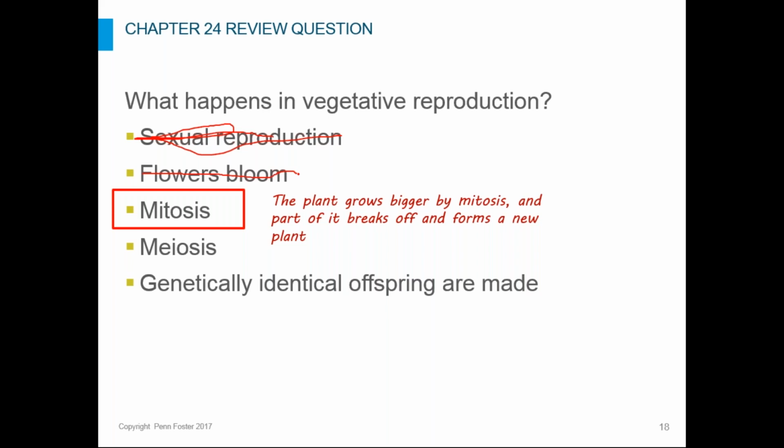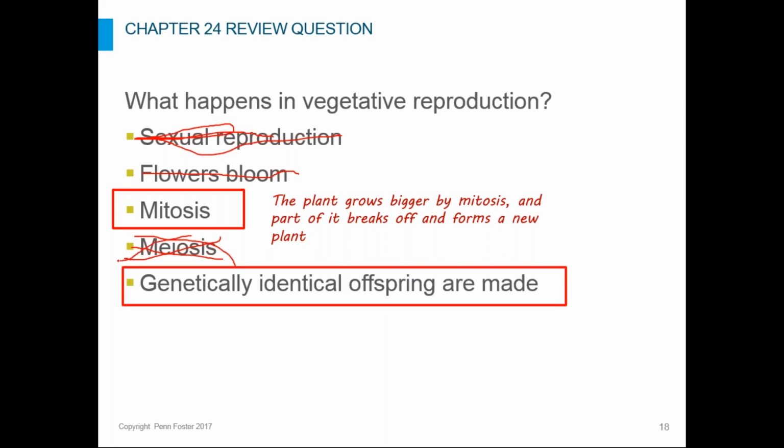Your body gets bigger by growing more cells by mitosis. If you cut yourself, you heal by mitosis. So that's the same thing that's happening here. So that means it's using mitosis, not meiosis. That is the process that makes the sex cells. It would make eggs and sperm. So with vegetative propagation, you don't need that.